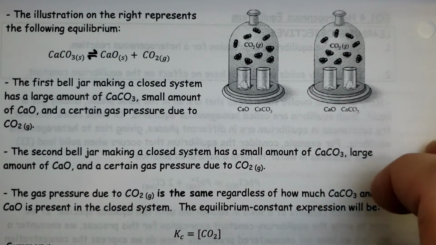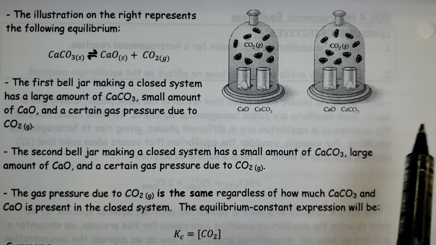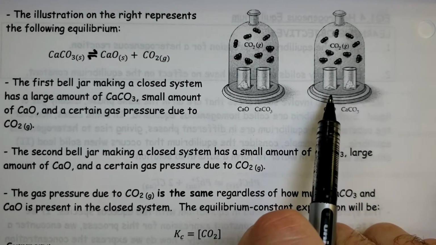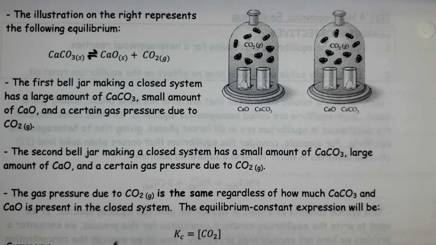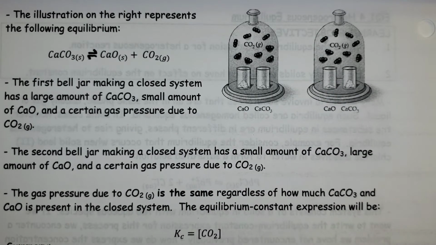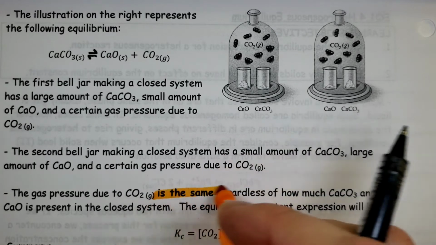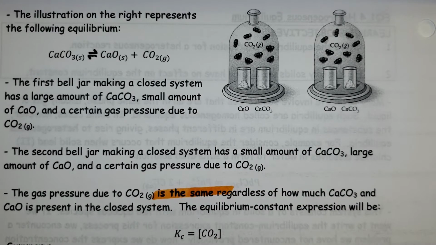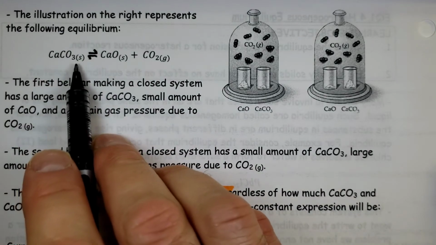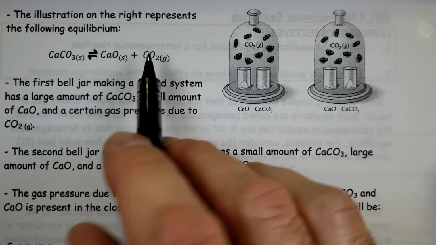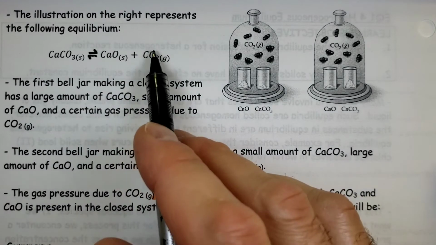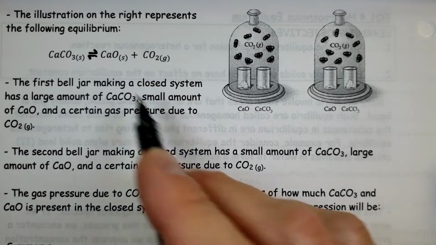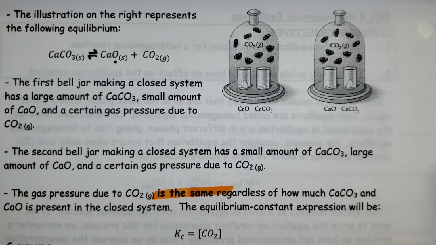The second bell jar, a closed system, has a small amount of calcium carbonate, a large amount of calcium oxide, and a certain gas pressure as well. The gas pressure due to CO2 is the same regardless of how much CaCO3 we have in that system at equilibrium. So again, having more solid doesn't change anything. It's the CO2 gas that would change. So for products, it's just simply that. We wouldn't include this and we wouldn't include this because they're solid.